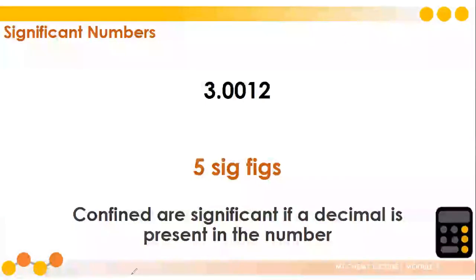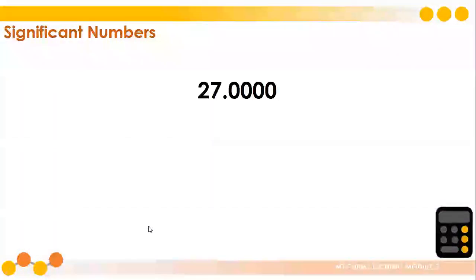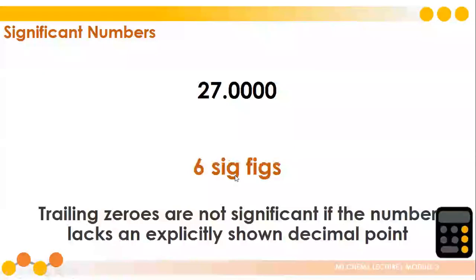Next, try to figure out the next one. So we have here 27.0000. How many significant numbers do we have? Significant numbers in this given are 6. Trailing zeros are not significant if the number lacks an explicitly shown decimal point. In the given, as you can see, there's a decimal point, meaning these trailing zeros are significant.